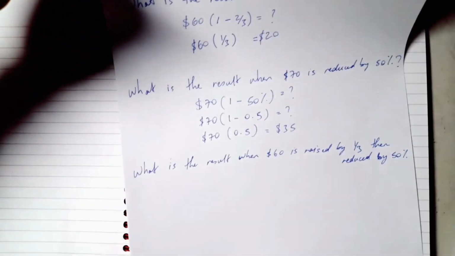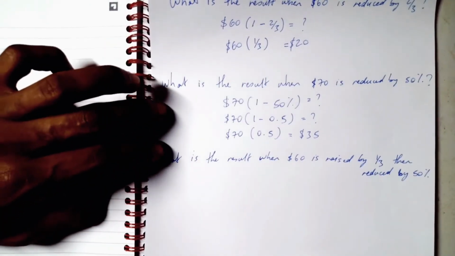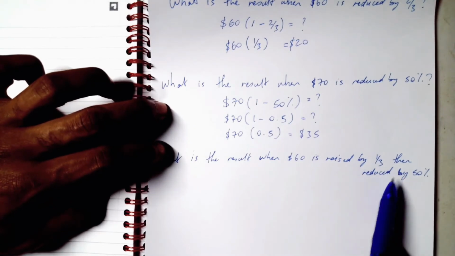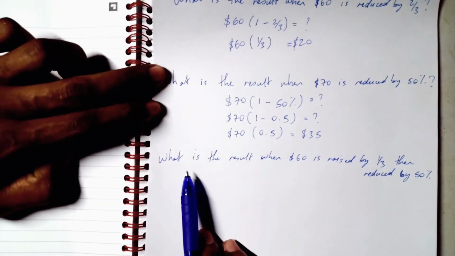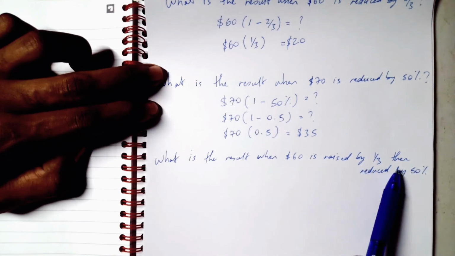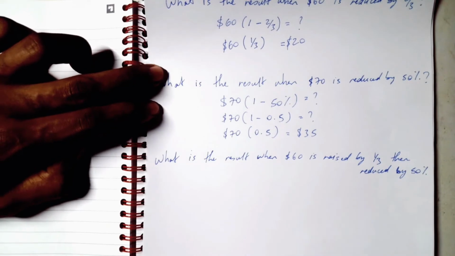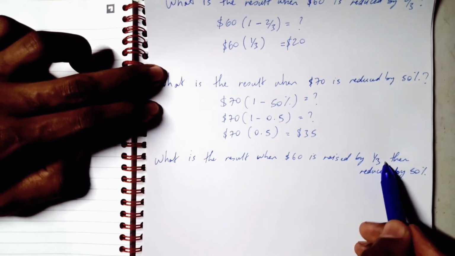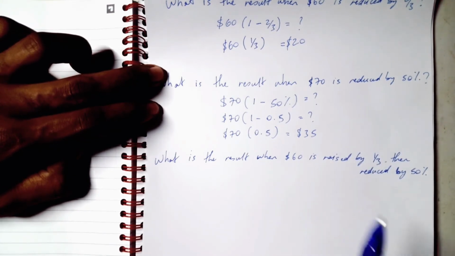Now the last question is a bit more tedious. What is the result when 60 is raised by a third, then reduced by 50%? First, we take care of just this part, increasing it by a third.